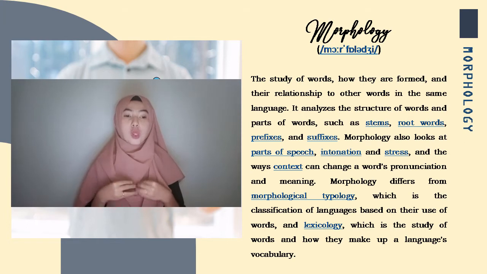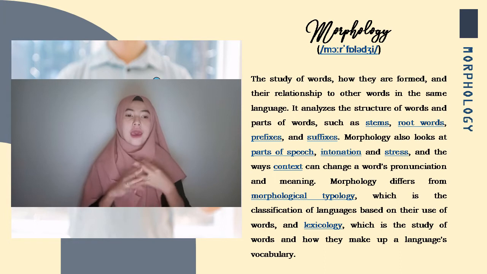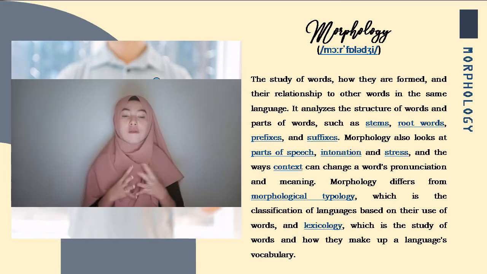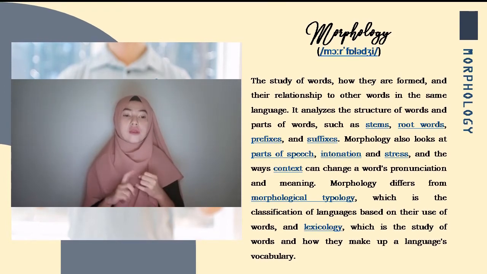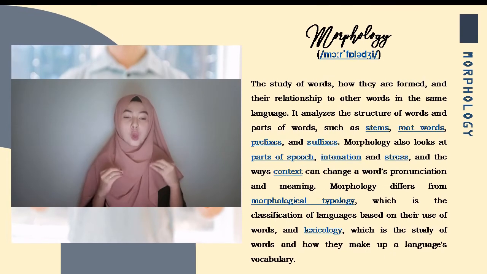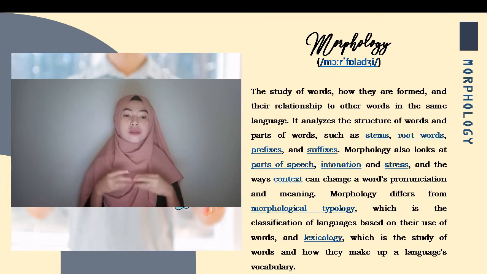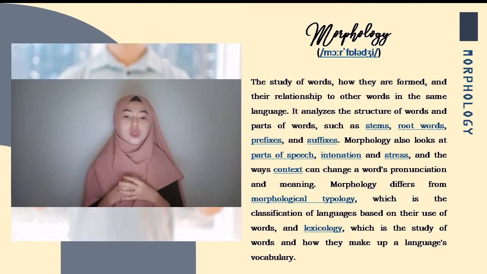Morphology also looks at parts of speech, intonation, and stress, and the ways context can change a word's pronunciation and meaning. Morphology differs from morphological typology, which is the classification of languages based on their use of words, and lexicology, which is the study of words and how they make up a language's vocabulary.